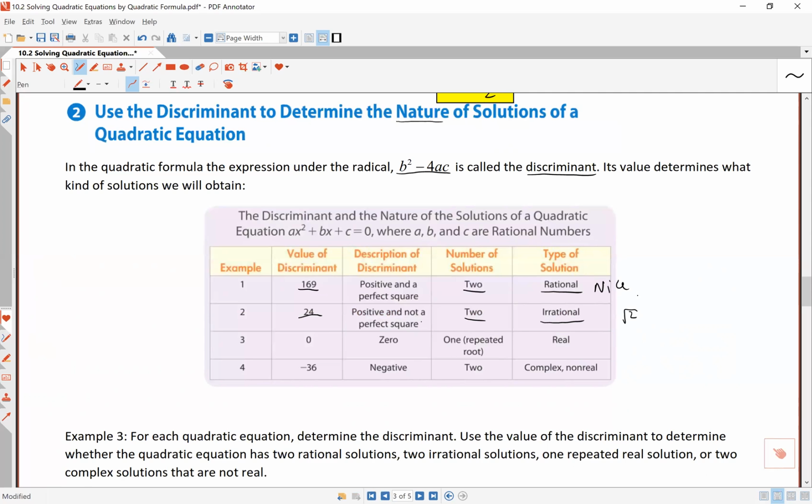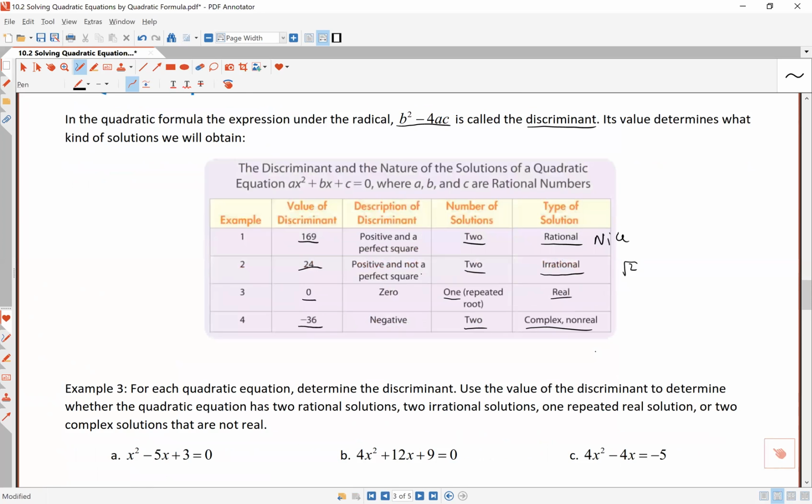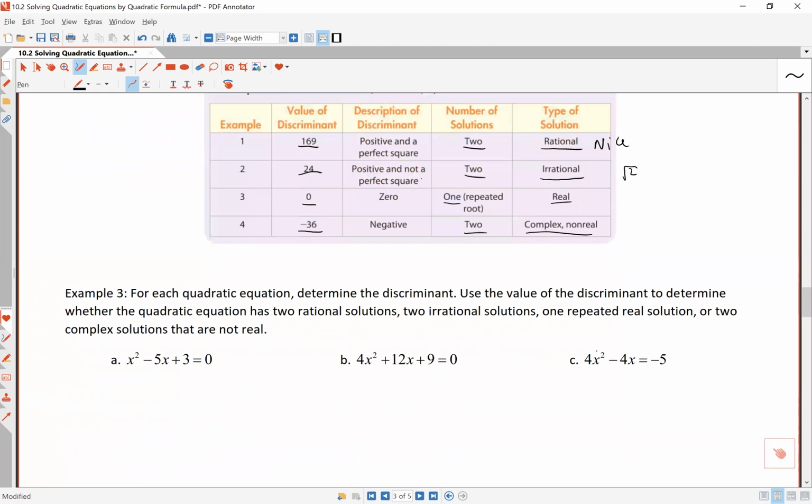Then if your discriminant is 0, the plus or minus goes away, and you just have one solution, and it is real. Then when you get a negative discriminant, you get the two complex non-real solutions. So it's all about the discriminant, b squared minus 4ac.